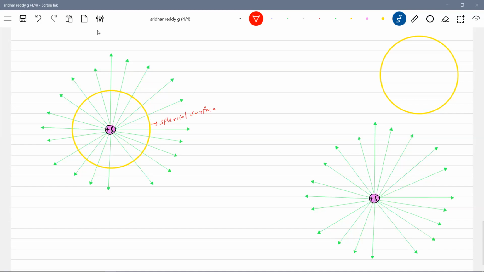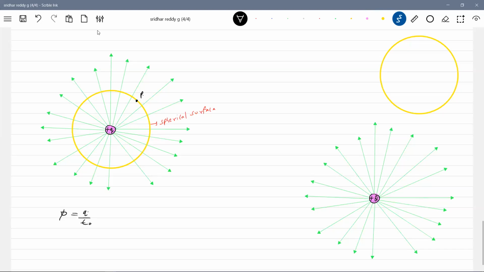The flux through the surface will be equal to the charge, let me take the charge Q, so Q by epsilon naught.